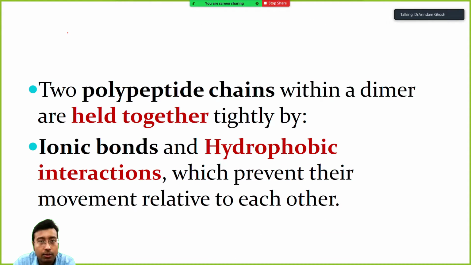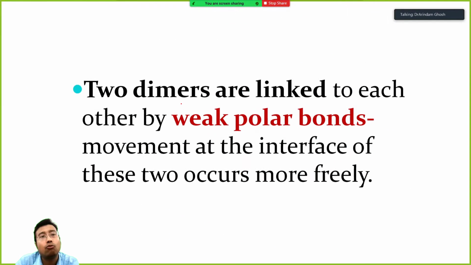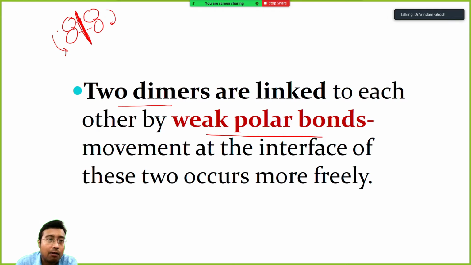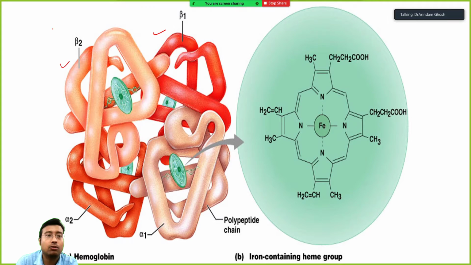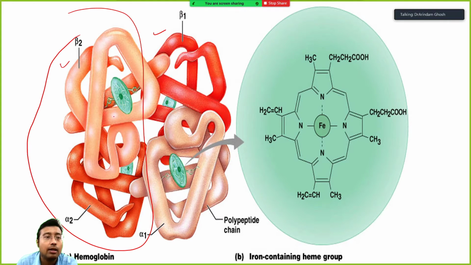However, the two polypeptide chains within a dimer, now we are talking about one dimer, meaning one alpha and one beta. So these are the two polypeptide chains that we are referring. Considering this as a dimer, this is one polypeptide chain, the alpha chain, and this is another polypeptide chain, the beta chain.